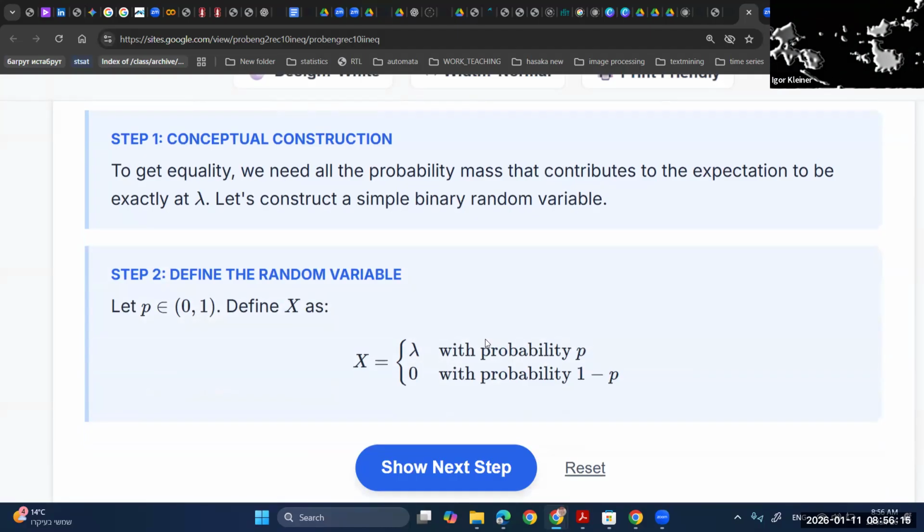For example, 0 and lambda, with probability p and 1 minus p. My statement is that for this random variable, Markov inequality is an equality. So we can't improve Markov inequality in general, because it's an equality, and it's impossible to improve an equality.